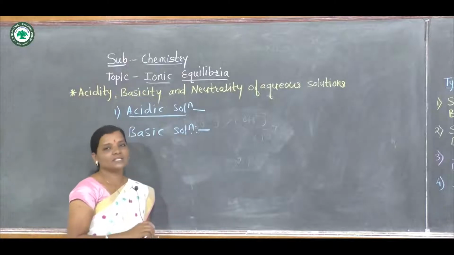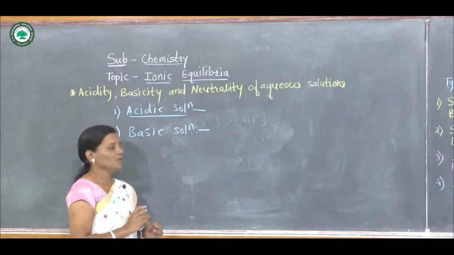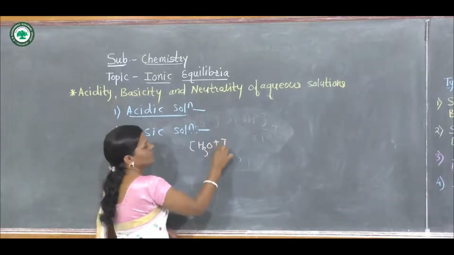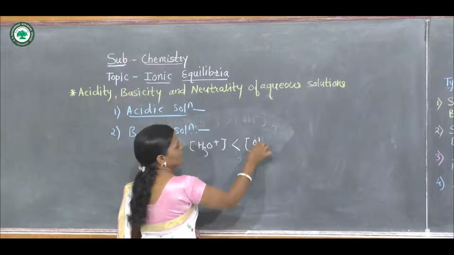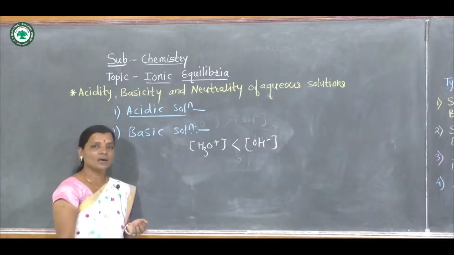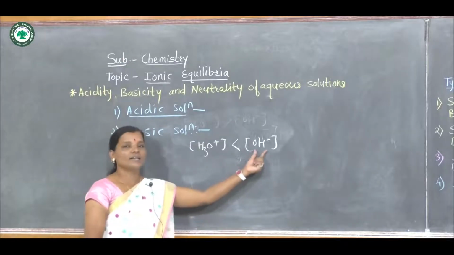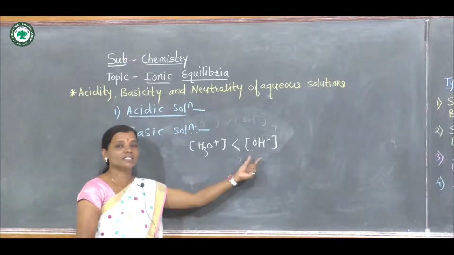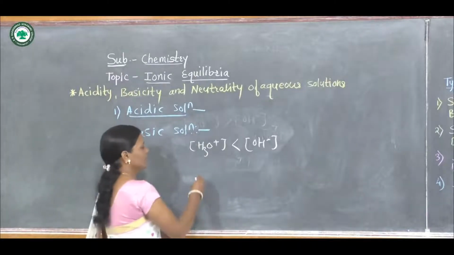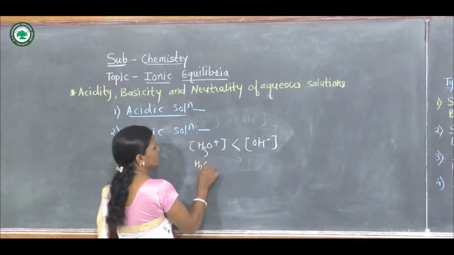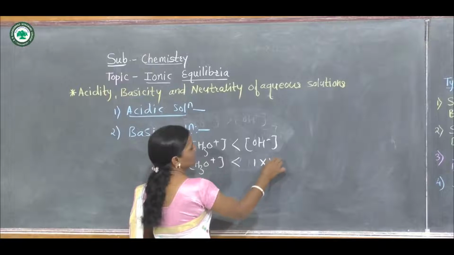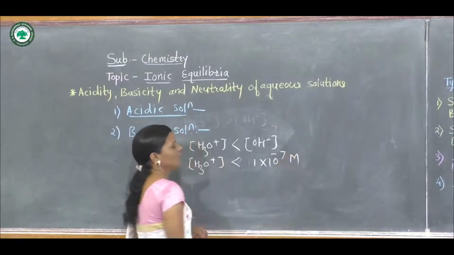In case of a basic solution, in the aqueous solution, the hydronium ion concentration is less than the hydroxyl ion concentration, or we can say that the hydroxyl ion concentration is greater than the hydronium ion concentration, or here we can say that the hydronium ion concentration is less than 1 into 10 raised to minus 7 molar.